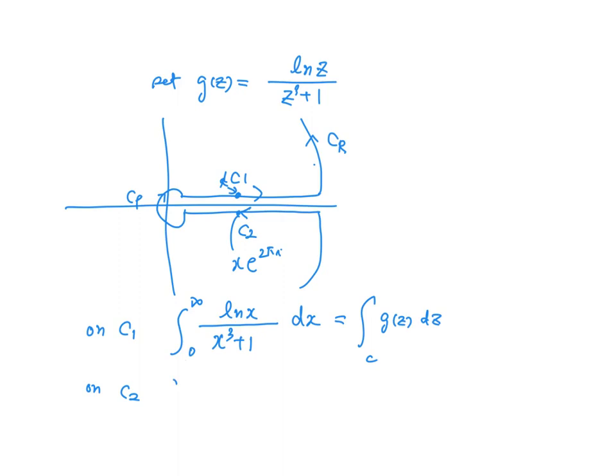The integral over C2 of G(z) dz becomes infinity to 0, right? And everything is the same except ln x becomes ln x plus 2 pi I, right? dx.